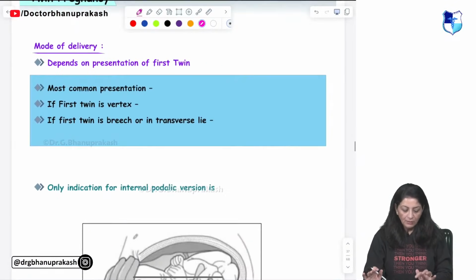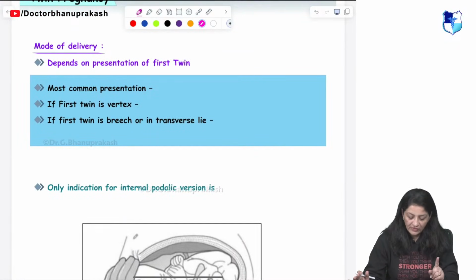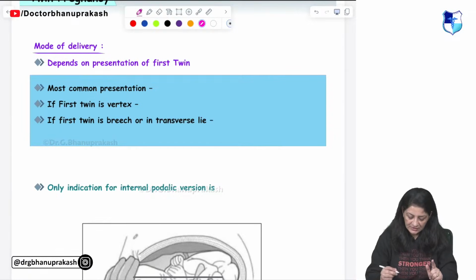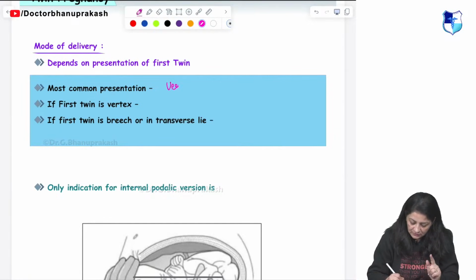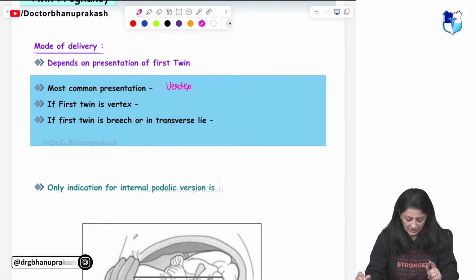Now, mode of delivery depends upon the presentation of the first twin. Always the first twin. The most common presentation is vertex. Cephalic presentation is the most common presentation.